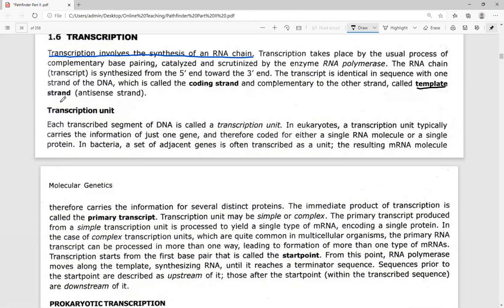So the DNA will act as a template strand, the antisense strand. The transcript is identical in sequence with one strand of the DNA, called the coding strand, and the complementary strand over which the transcript is biosynthesized is referred to as the template strand.